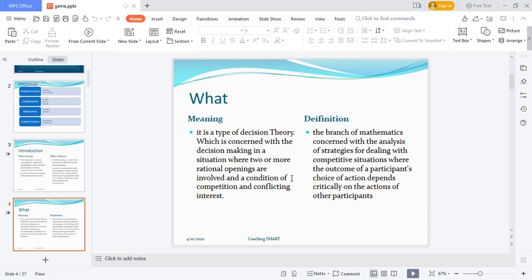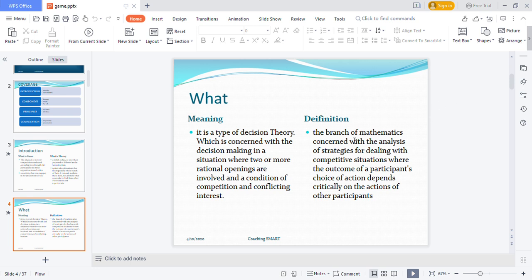So when you talk about game theory, we are bringing in decision-making analysis and situations. There are two critical conditions: competition and conflicting interest. For a game to be a game, there should be a decision to be made, and a situation that is competitive.